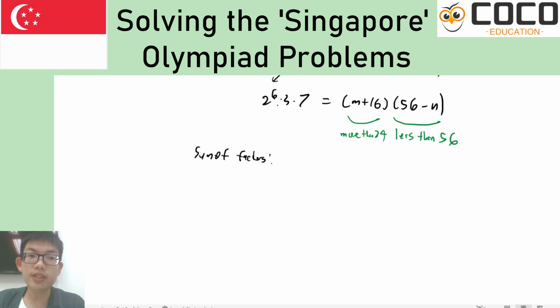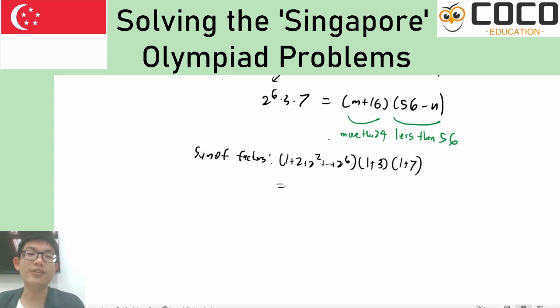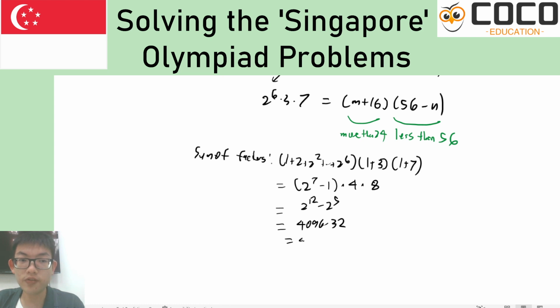The sum of factors would be calculated in this way. I'm very familiar with powers of 2, so I kind of like this. All of these are powers of 2. $4096 minus 32, this is 4064. That's the sum of factors of this thing.